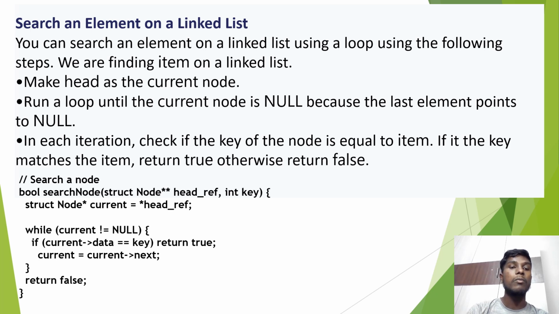If the key matches the item, return true, otherwise return false. It will give true or false when we search for an element in a linked list. So: bool searchNode(struct node **head_ref, int key): while current is not equal to null, if current->data is equal to key, it returns true. Otherwise it moves to the next step.